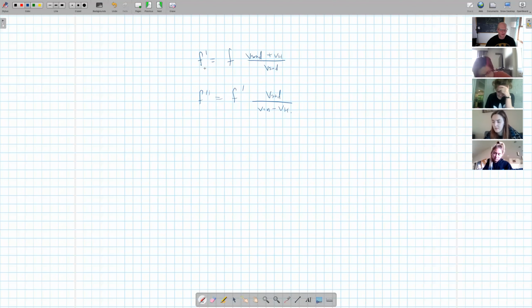So now all we want to do is take this F prime and put it into here. So F double prime is then going to be F times V sound plus V heart divided by V sound, times V sound divided by V sound minus V heart, right?